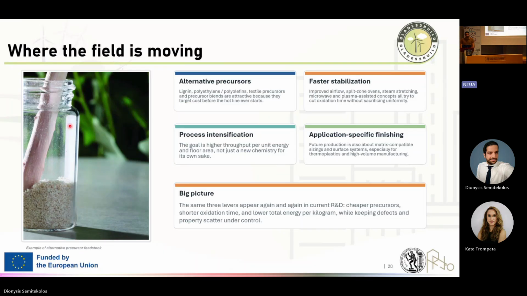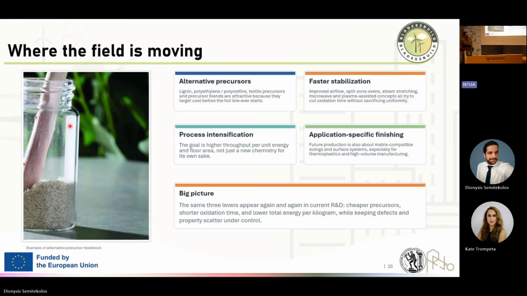Faster stabilization times, as I already said how energy intensive this process is, so we need to do it faster. Also, the treatment and the sizing is an easy step to do. Especially on a large scale, it doesn't require a lot of investment to try different methods.